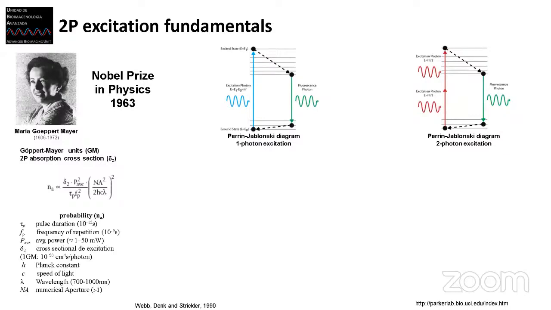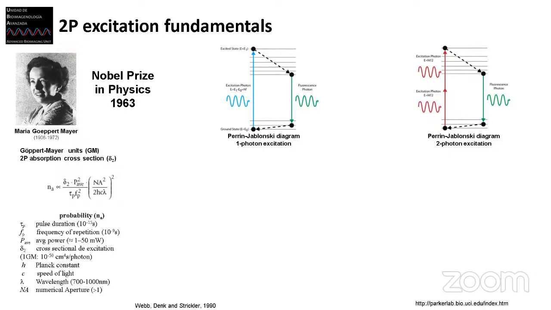But what do we mean by 2-photon excitation and what are the principles? Well, we owe 2-photon excitation basically to Maria Goeppert-Mayer, who in her PhD thesis in the 30s described the formula that gives all the fundamentals of 2-photon excitation.